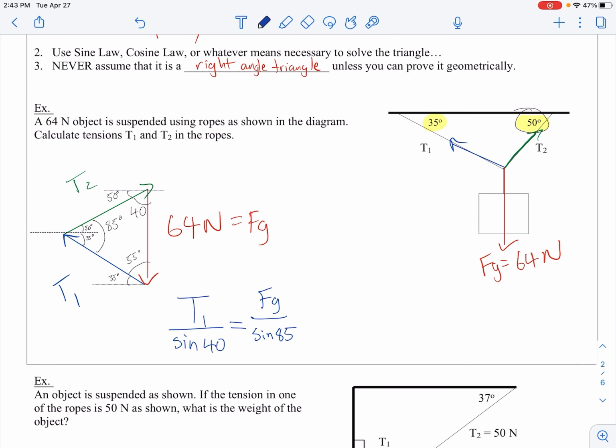If we solve for T1, T1 equals Fg sine 40 over sine 85, which is about 41 newtons.